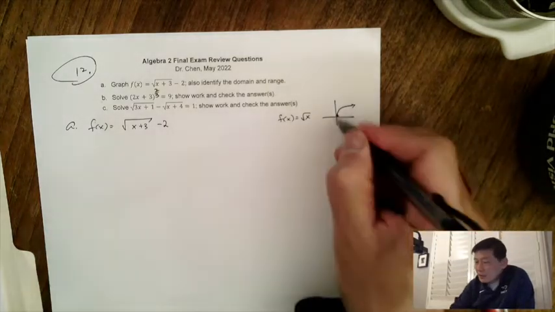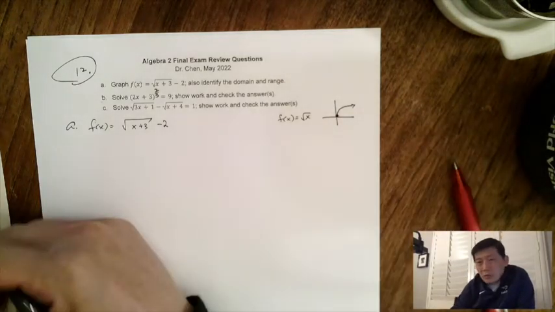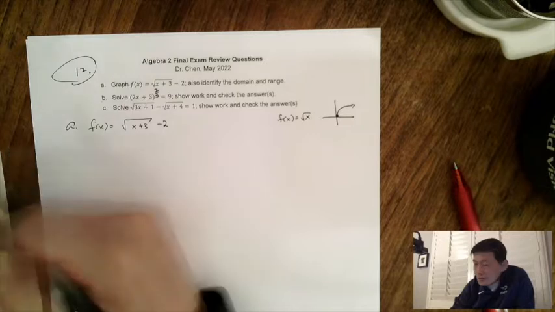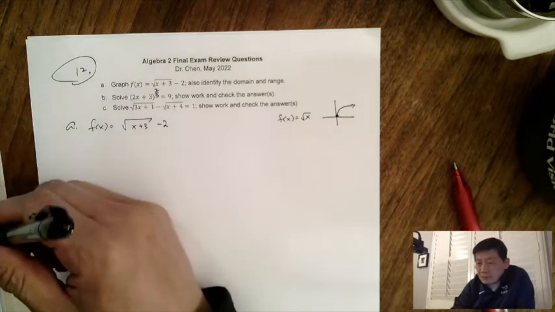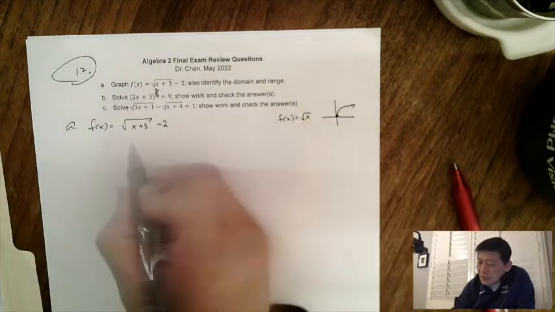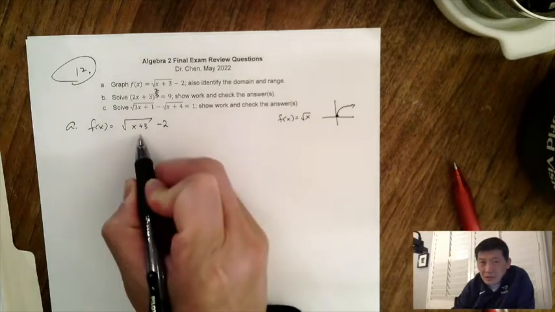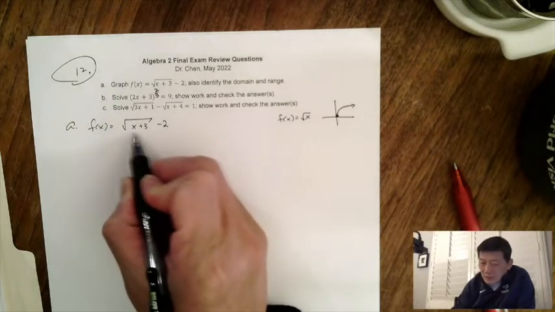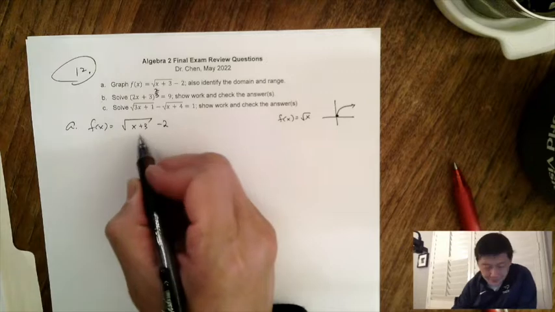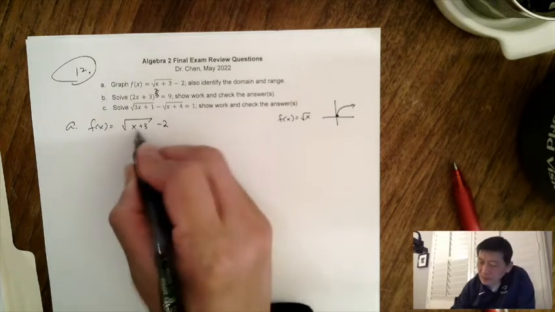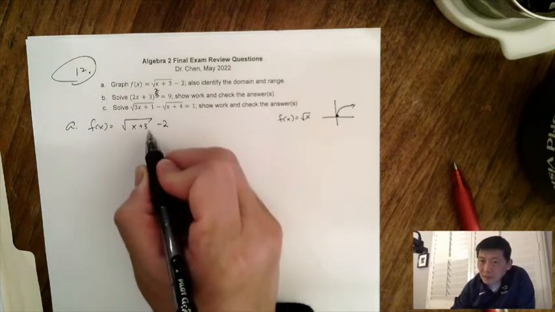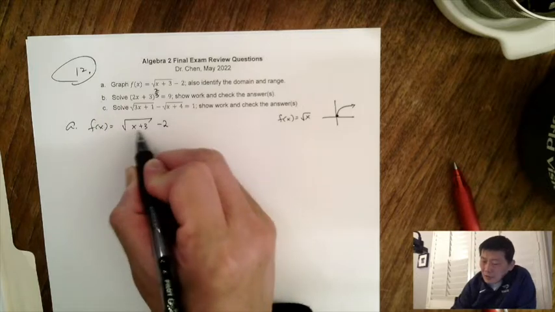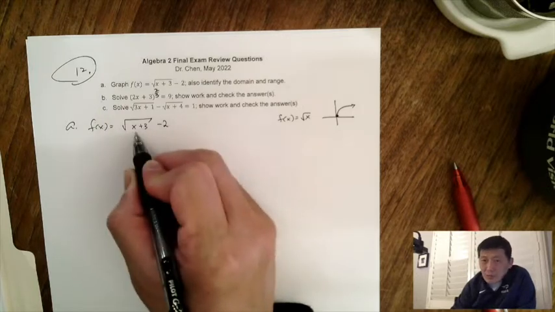It's a very unique graph, right? No negative values, because you can't have a negative inside the radical. But we also know that if you have a number inside the radical with x, it is typically minus a positive value. So right now, if you have x plus 3, that means it is minus a negative value.